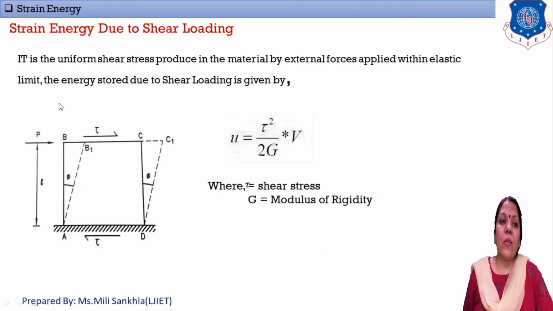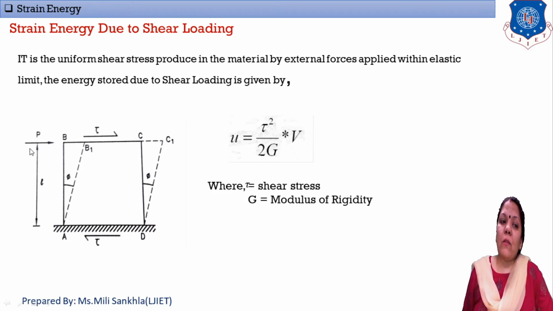Now next we derive strain energy due to shear loading. In this derivation, I take one block, ABCD. Edge AD is fixed, and edge BC is free and subjected to load P. This load P acts gradually, but parallel to the plane.